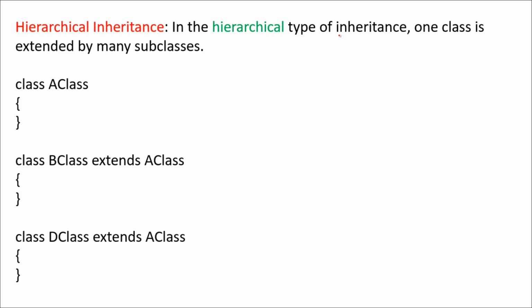In hierarchical inheritance, one class is extended by many classes. Here there is a class A. Class B extends class A, and then class D extends class A. So you see that this class is extended by class B and class D, and it can also be extended again, like if I extend here class E, class E extends class A. So this is called hierarchical inheritance.